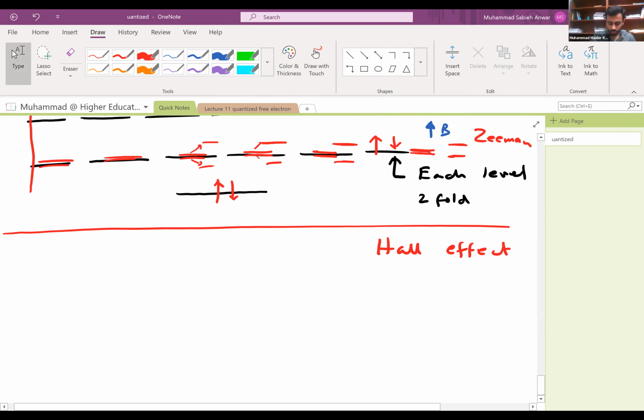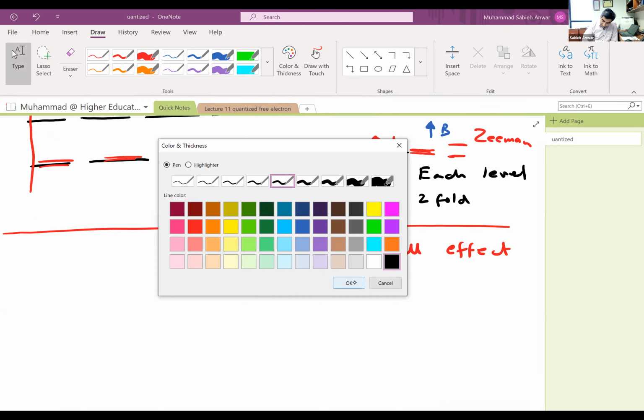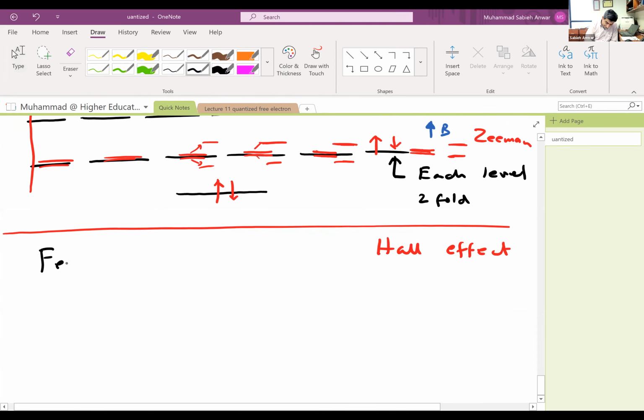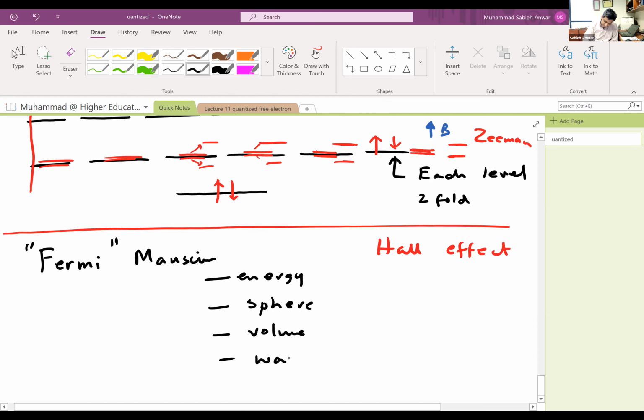Yes, sir. Thank you. All right, now I would like to come up with the concept of the Fermi energy. The Fermi mansion itself has the energy, the Fermi sphere, the Fermi volume, the Fermi wave vector, and so on.